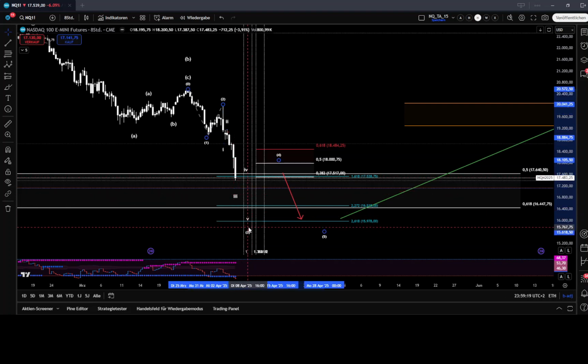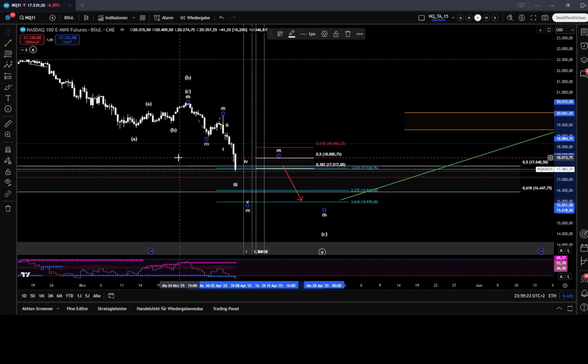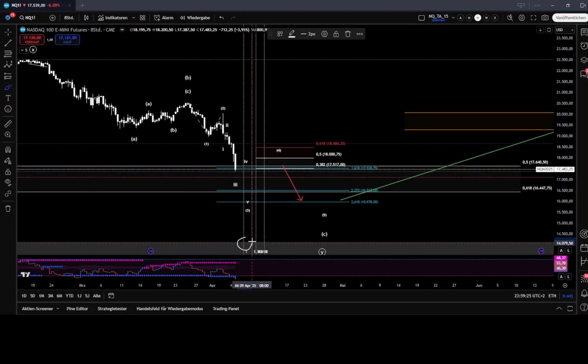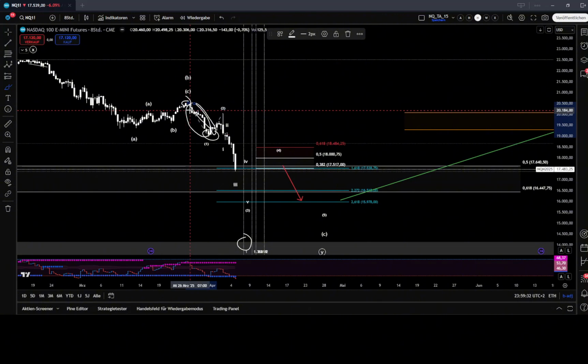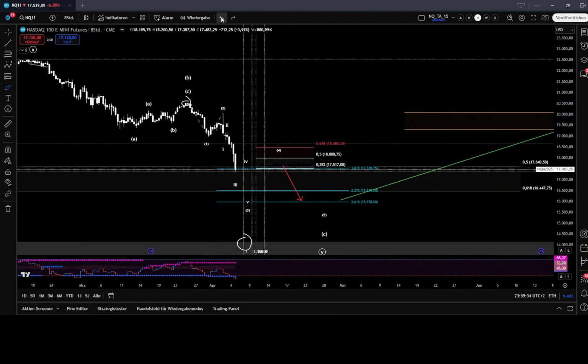So that third wave here in these brackets should finish preferably after the 100% time extension measured for our wave 1. That means I'm comparing the duration of that wave to the third wave.